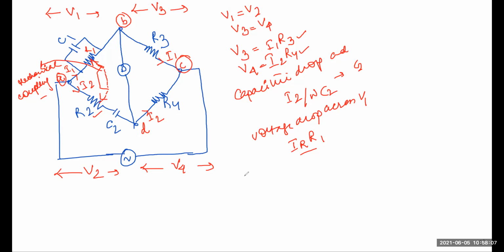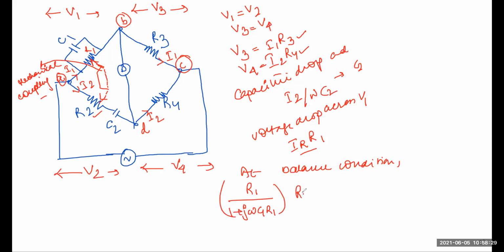Now let me show you at balance condition, what can we write? At balance condition, what can I write? R1 in place of Z1, what can I write? I can write R1 divided by 1 plus j omega C1 R1. Okay.